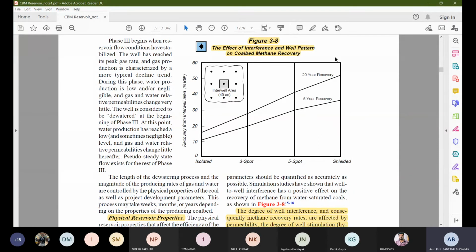So whatever parameters you have seen earlier, density, porosity, the isotherm, the reservoir properties, the depth, the stress condition, the permeability, relative permeability, it is not only for this particular borehole, you have to see what condition is lying in the other boreholes.